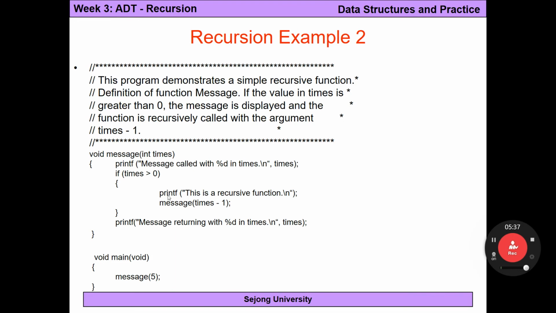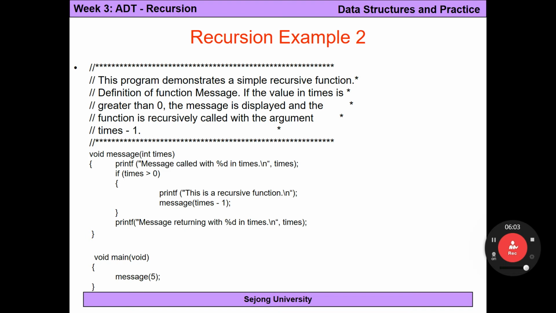We were discussing this example. It is similar to the previous example, but here there is a statement before the recursive function, and there is a statement after the recursive function when this condition is false.